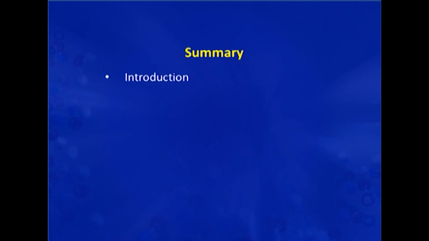Once again, let us summarize what we have done throughout this episode. In the beginning we introduced what ethers are. We introduced that ethers are derivatives of alcohols. We can call them derivatives of water also, because replacement of hydrogen by alkyl generates ethers.